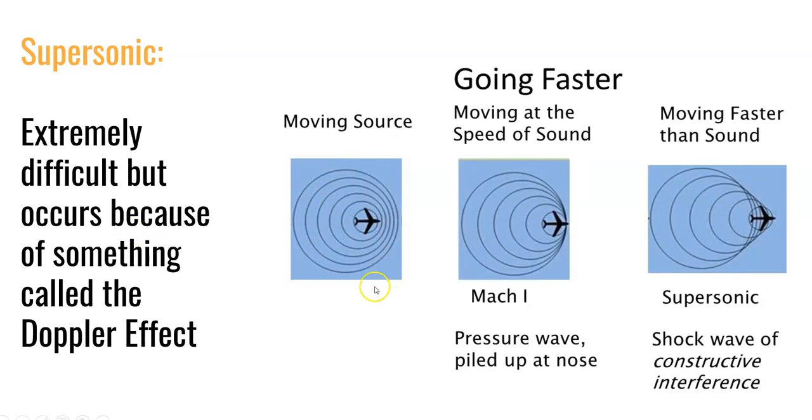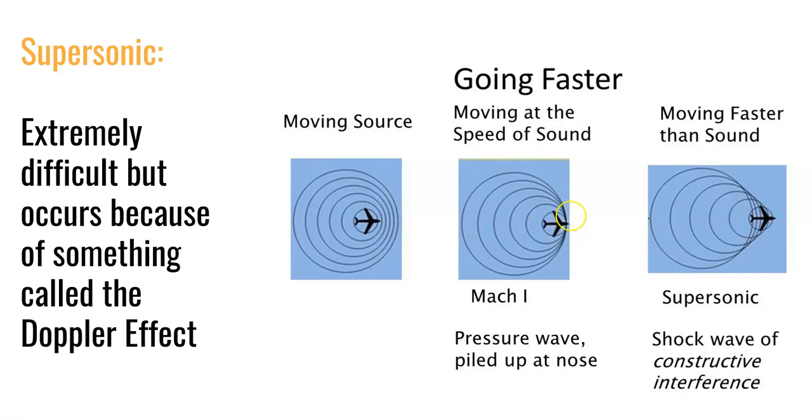On the image on the left, we have a moving source, which is the aircraft, and it is emitting a sound, and those wavelengths are shown by those circles. Think of something dropped into a pond of water, and those rings are being emitted outbound. The image in the middle is where the aircraft has matched the speed of sound, and that's called Mach 1.